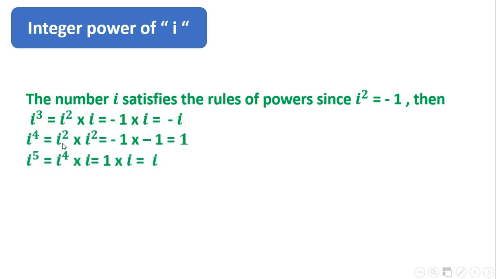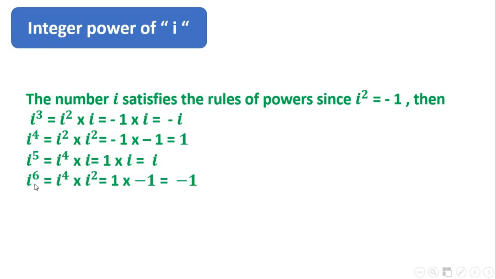And i to the power of 4 equals i squared times i squared equals -1 times -1 equals 1. So i to the power 4 is 1, and for sure i to the power 5 equals i to the power 4 times i, which is 1 multiplied by i. The answer is going to be i.